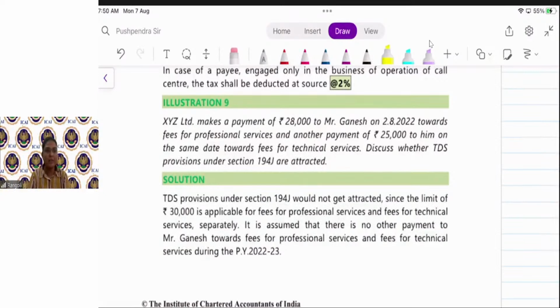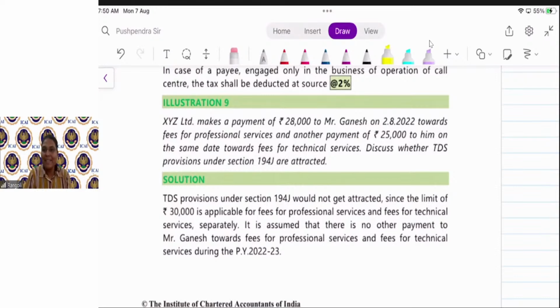So the business of the payer is required to be checked, not the payee's business. Payee is providing professional service. The payer should be in the call center business. Then only on professional services, the call center will deduct TDS at the rate of 2%.